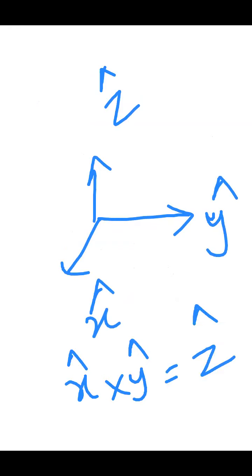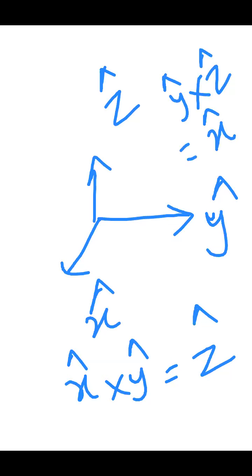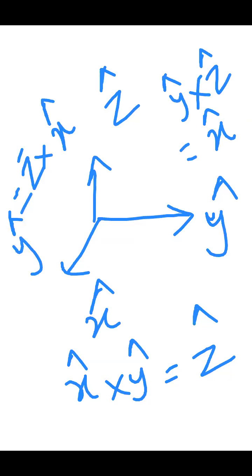X cap cross y cap is z cap. I can take it another way. If I take y cap and z cap, definitely I will get x cap. And another way: if I take z cap and x cap, then I will get y cap. These are all simple relationships already available in the book.